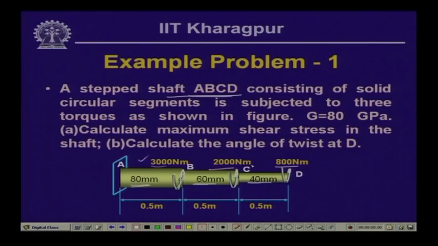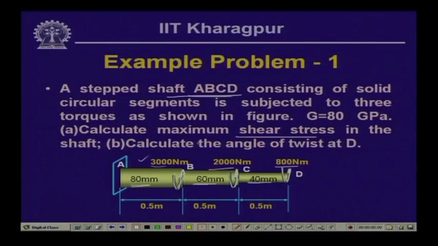Incidentally, all 3 twisting moments in this particular case are positive, acting at A, B, C and D. What we need to do is find out the value of the maximum shear stress in the shaft and the angle of twist at point D. As we have looked into earlier, to evaluate the twisting moment when they are subjected to a non-uniform torsion, we take a free body diagram and compute the values of the twisting moment.